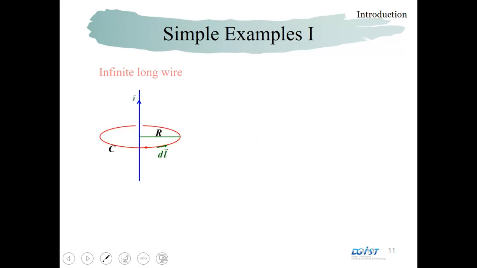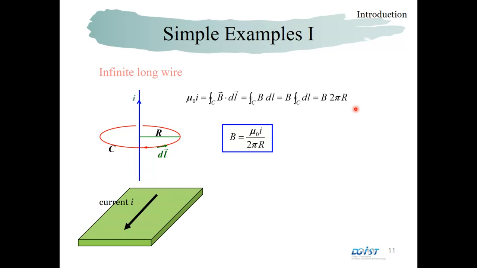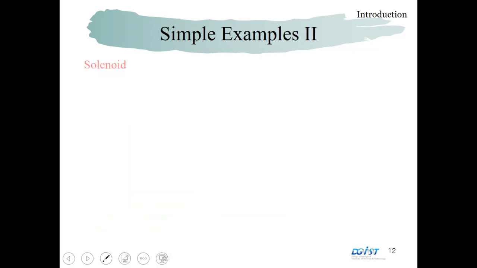And for a simple case, for example the infinitely long wire, we can calculate the magnetic field very easily by Ampere's law, and we can do it by hand. Maybe we need just a single line of equation like this. Or if you want to generate a magnetic field using a wire strip, you can calculate the B field by Ampere's law again.